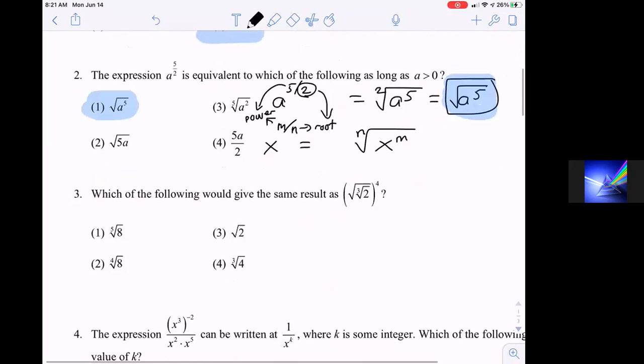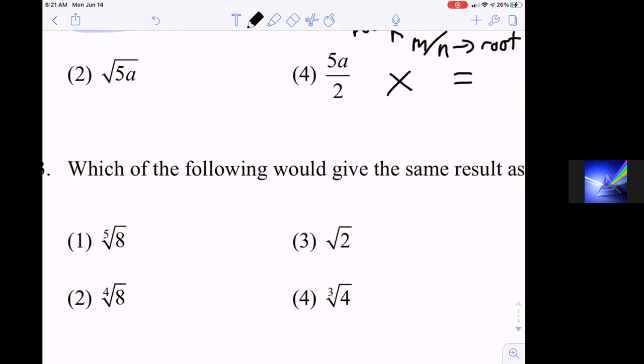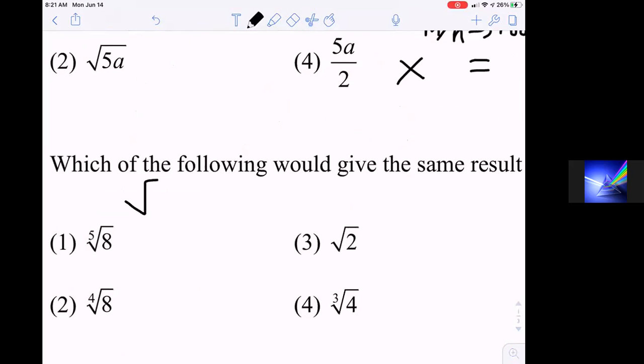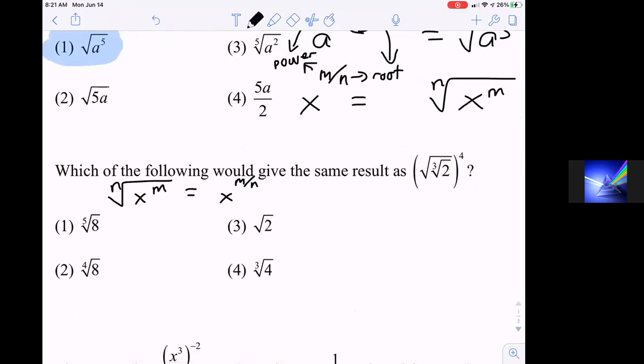Now, number 3 looks hard, but if you really just rewrite everything as fractional exponents, then it becomes a little easier to manage, okay? So remember, if we have a root, the nth root of x to the m power becomes x to the m divided by n. So if I look at this big mess, I see 2 different roots and then something raised to a power.